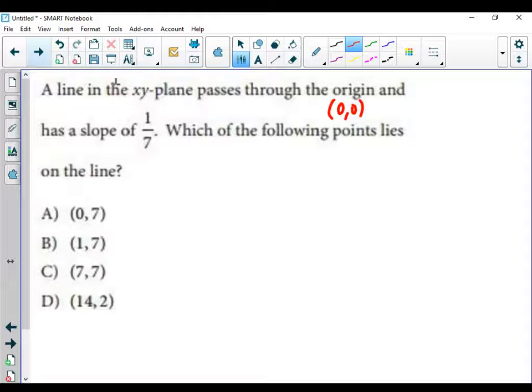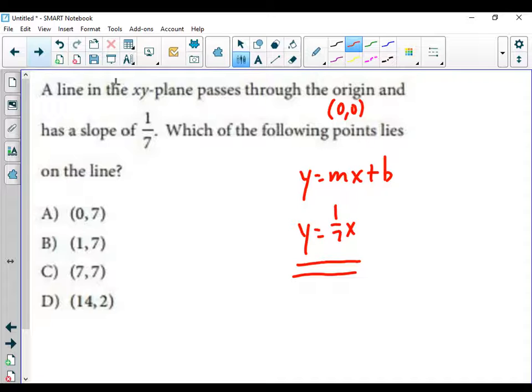If I were attacking this one, I would think about the equation of a line. First of all, the slope is 1/7, so I know it's 1/7 x. If it passes through the origin, that tells me the y-intercept would be 0.